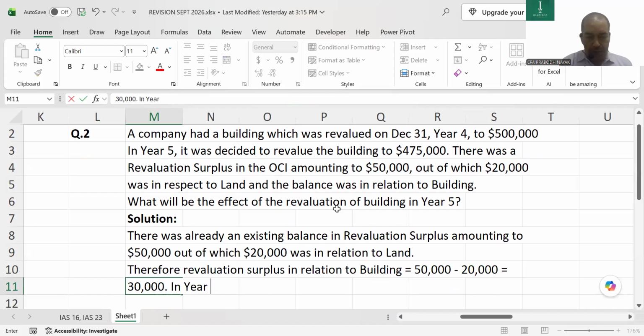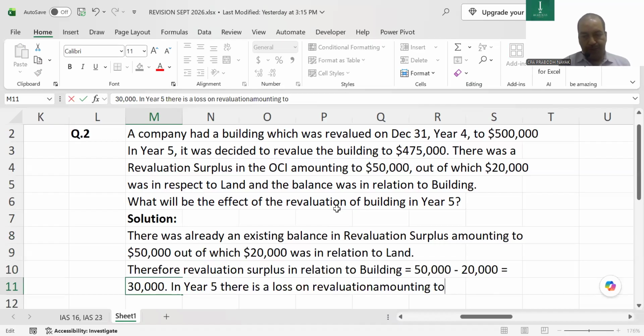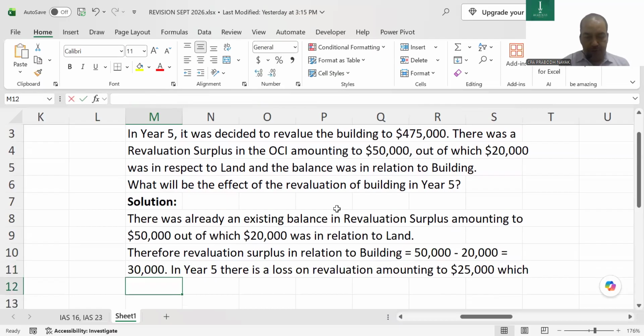In year 5, what are we doing? There is a loss on devaluation amounting to how much? $25,000, which is $500,000 minus $475,000.